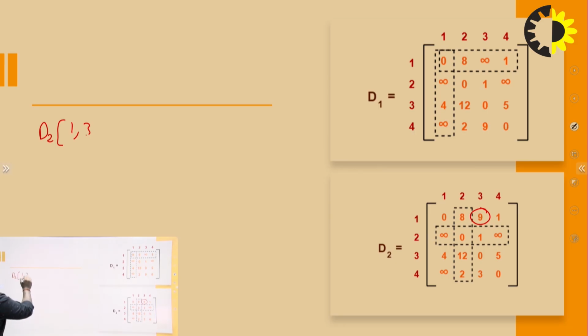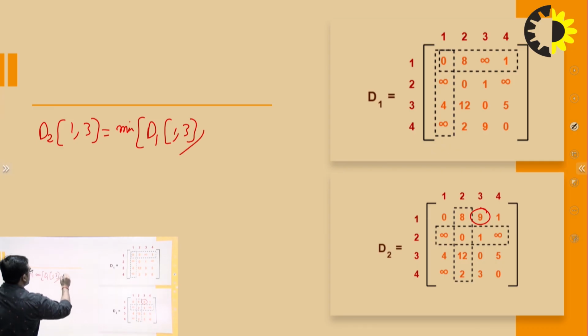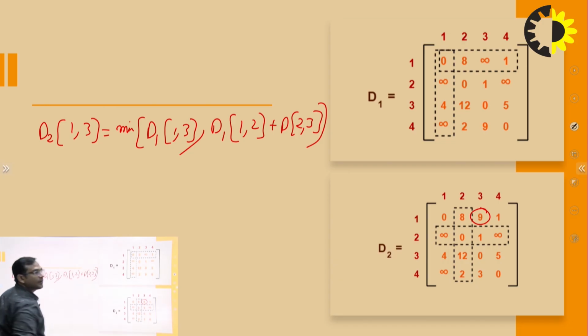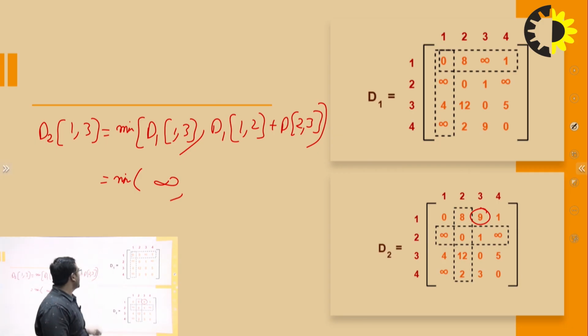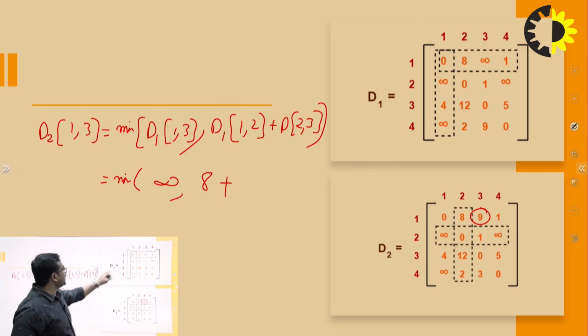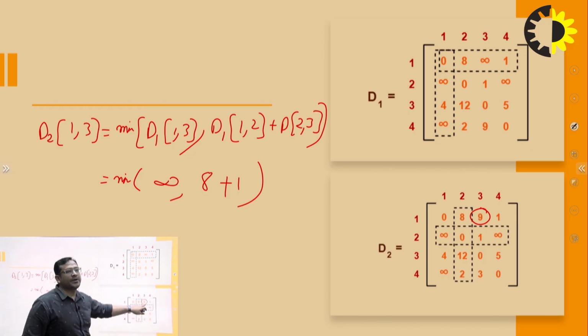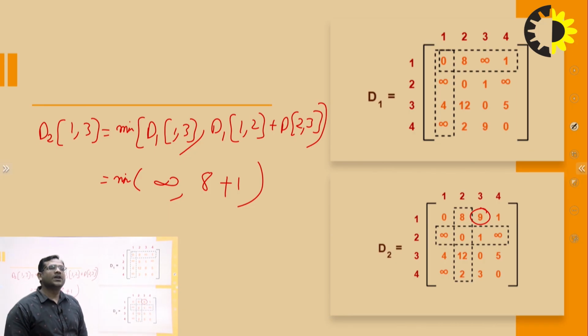D2 1 3 is equal to minimum of D1 1 3, comma, D1 1 2 plus D2 2 3. So this is the way we calculate it. Minimum of D1 1 3, which is infinity, comma, D1 1 2, which is 8, plus D2 2 3, that is 1. So which one is minimum? Infinity or 9? So we update it here. This is the way you can update matrix D2.